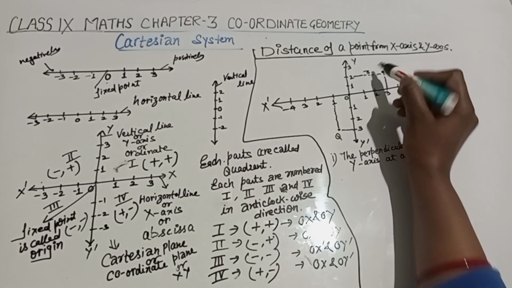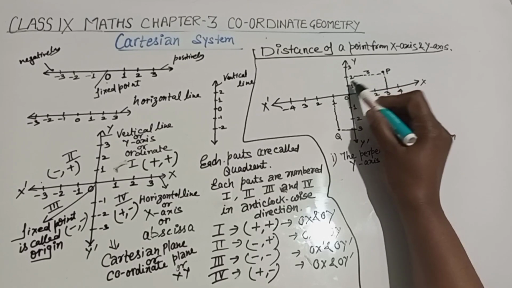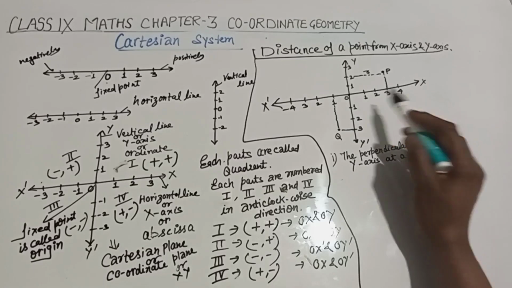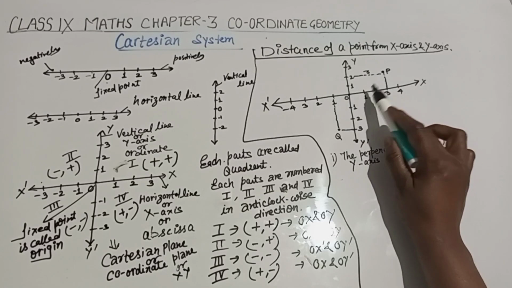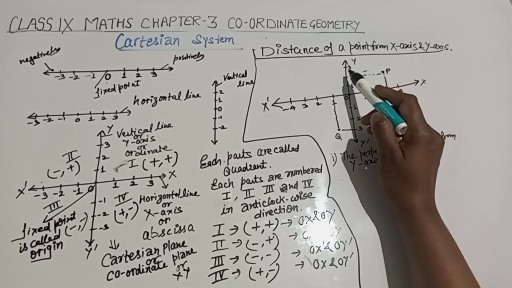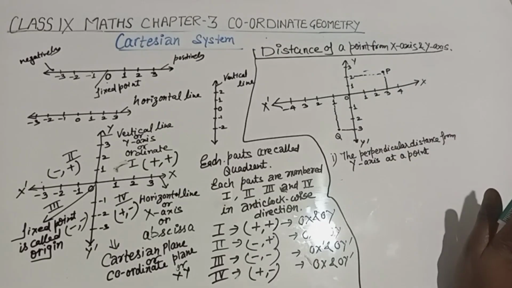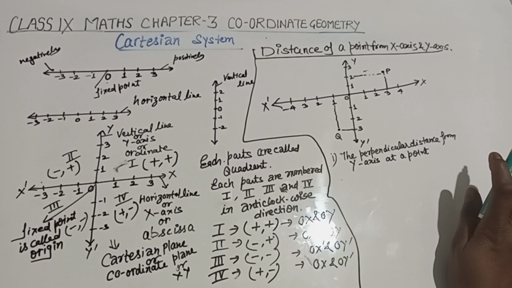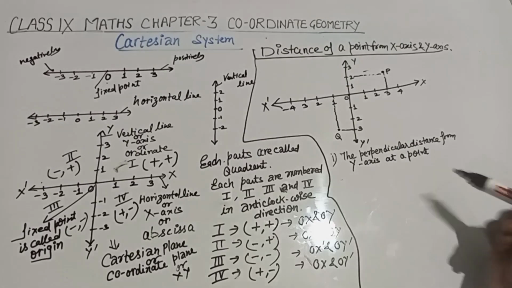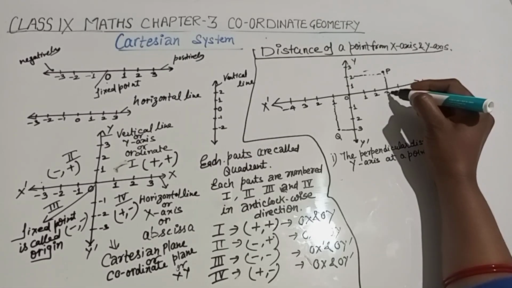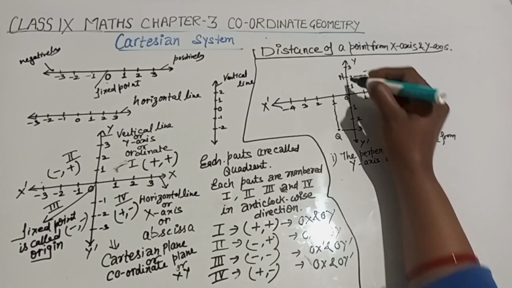So you can see that this is 3 from the y-axis, 3 on the x-axis here. It means the distance from the y-axis is 3 units. From the x-axis, this is 3 units. From this, I name these points M, N.